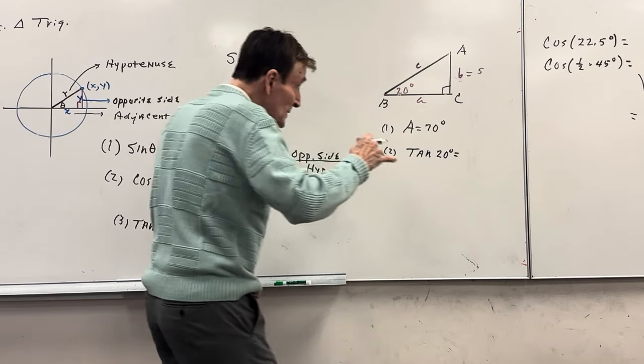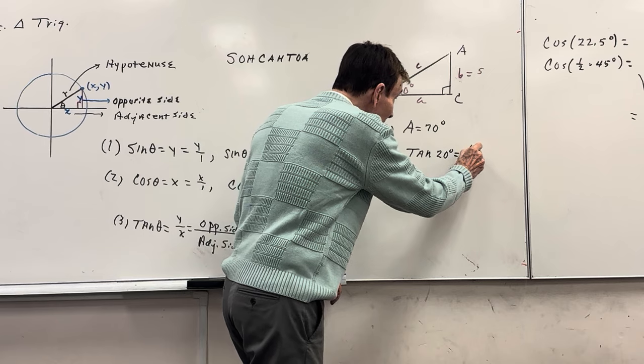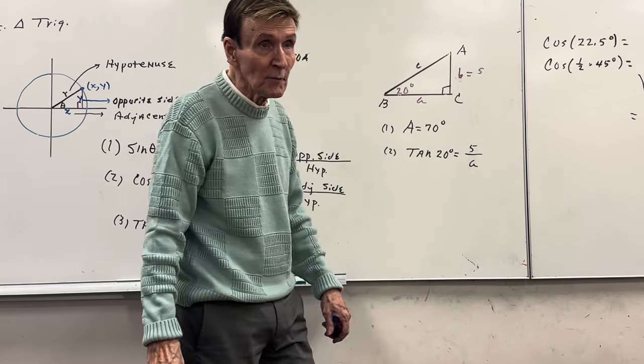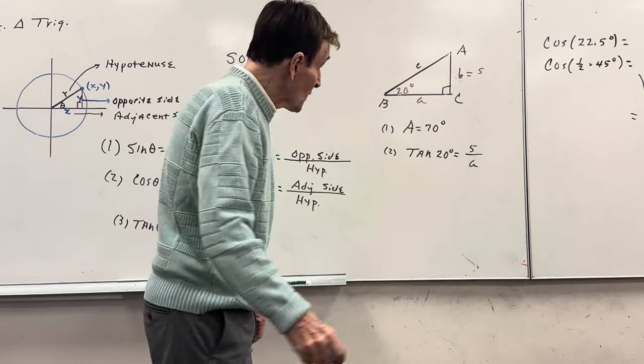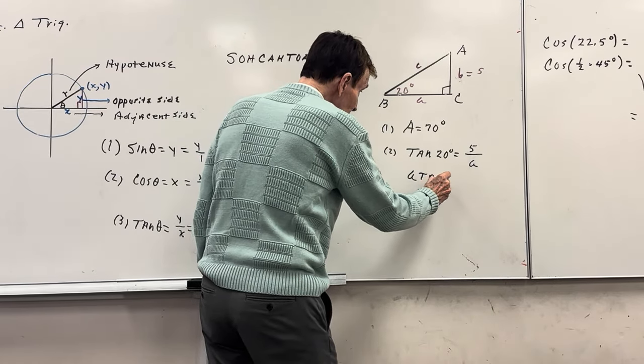So let's take tan of 20 and take the opposite over the adjacent. The opposite side for 20 is the 5, and the adjacent has been labeled with the a. Do we agree? And then mere cross multiplication, guys, and clean this up, you will end up with something like this.